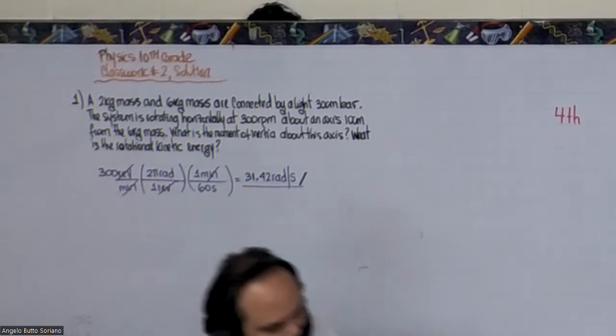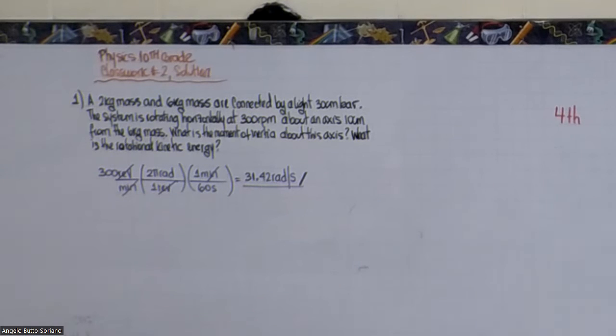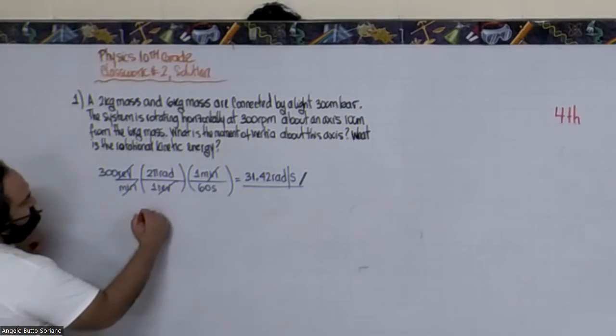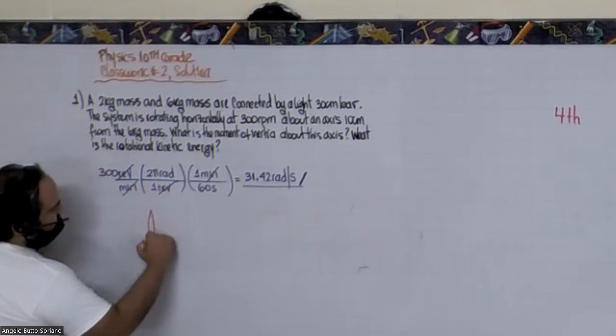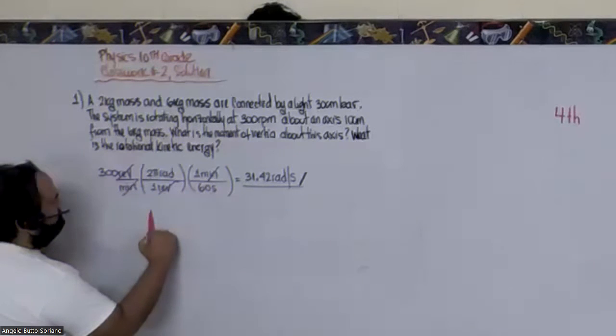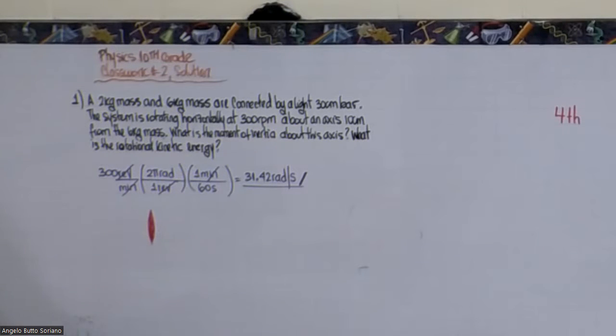Now, if you wish, this is an optional step, you can create a picture of the problem, because this is not a free body diagram. This is only a picture. When we have the two masses, we can say this is going to be one mass, the 2 kilograms.